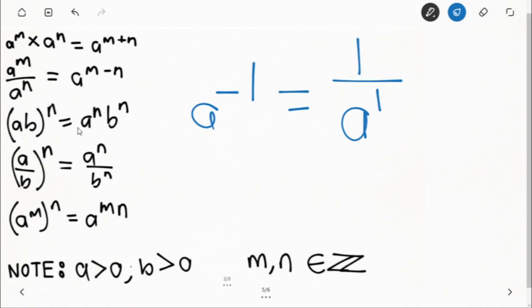They should always be positive exponents. Okay, so your final answer can never be a to the exponent negative 1. It has to be a to a positive exponent. So that's another thing that you need to bear in mind when you are working with exponents. So yeah, that's it.